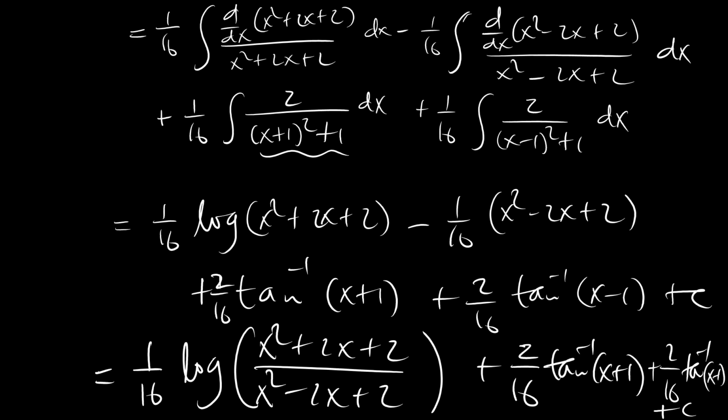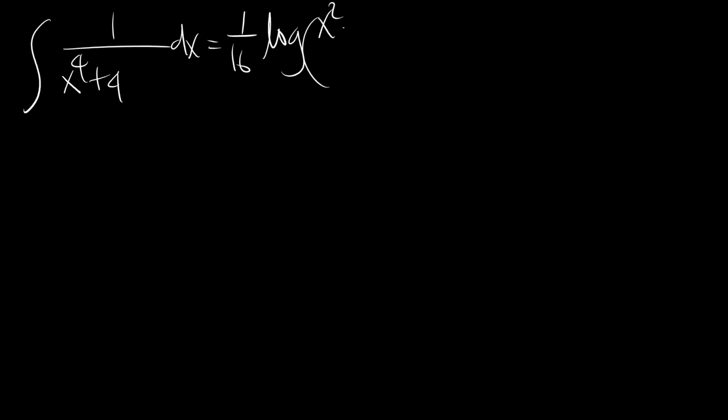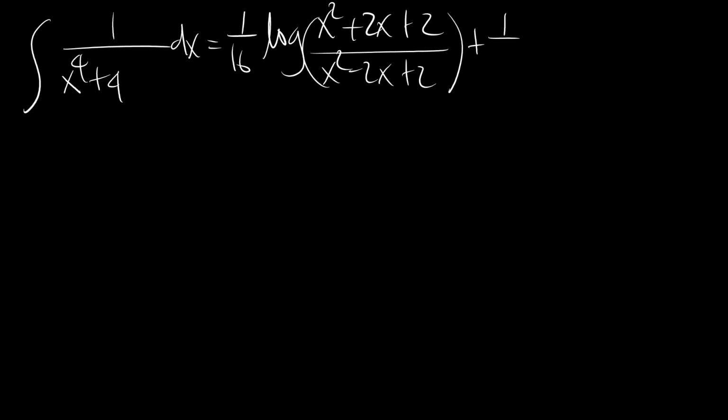So to conclude this entire thing here, very complicated, 1 over x to the 4 plus 4 dx is the same as 1 over 16 natural logarithm of x squared plus 2x plus 2 over x squared minus 2x plus 2 plus 1 over 8 arctangent of x plus 1 plus 1 over 8 arctangent of x minus 1.